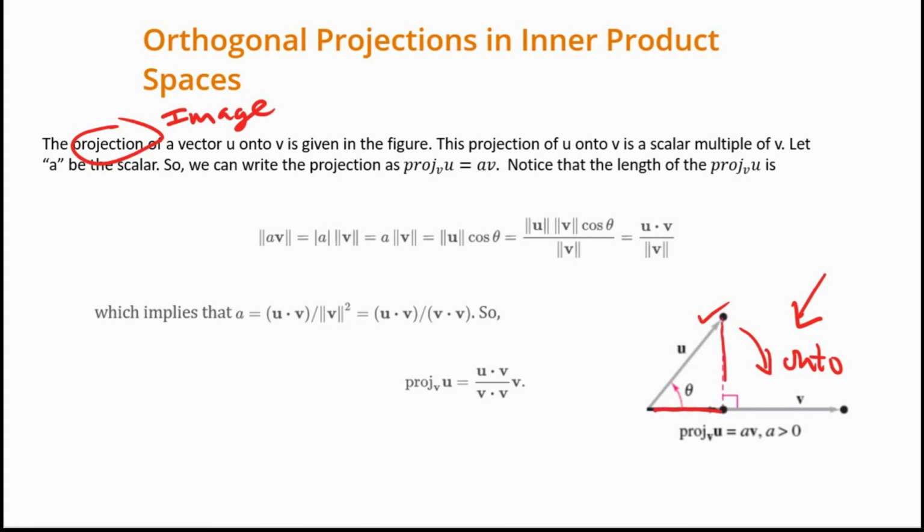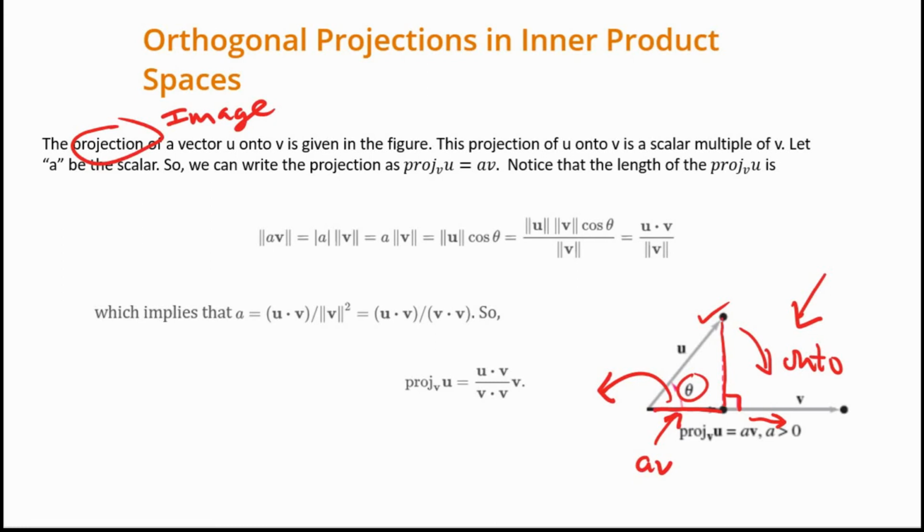We find it's perpendicular. So we call this length a times v, where a is a scalar. So we multiply a times v, and it's going to shrink v, or it may even elongate v, depending on the angle. Because if this is going the other way, then we'd have to lengthen v.